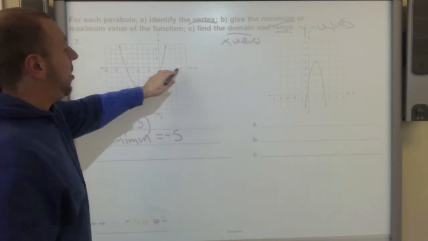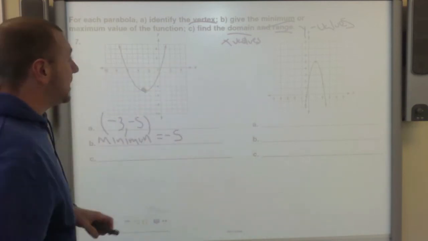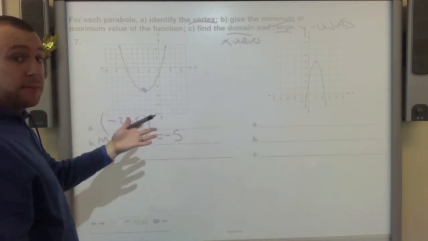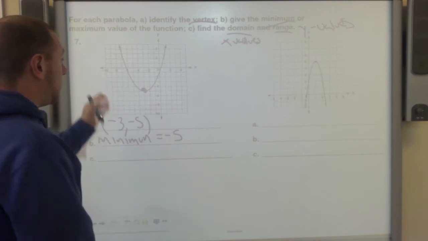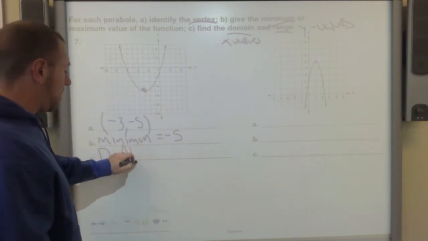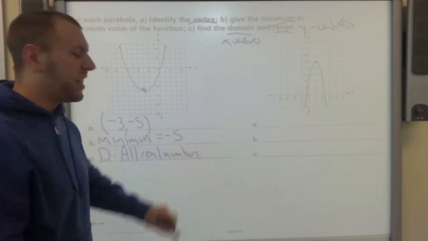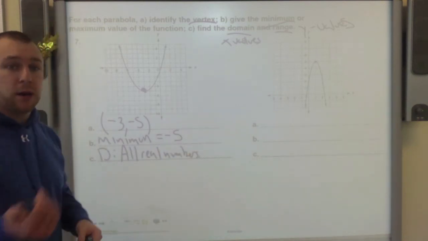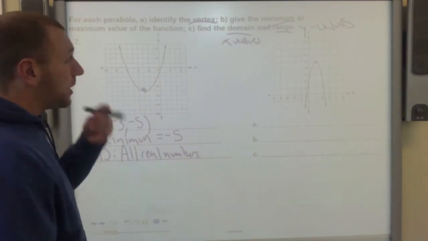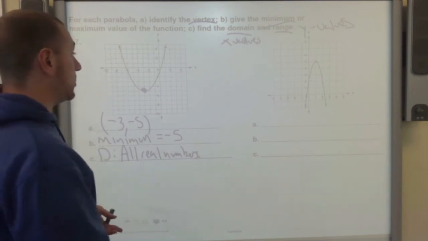And all of these x values are all going to be used. It doesn't matter what x value I plug in, I'm still going to get a y value back. So actually the domain is all real numbers, because there's nothing that's going to make it come out as an error in my calculator.